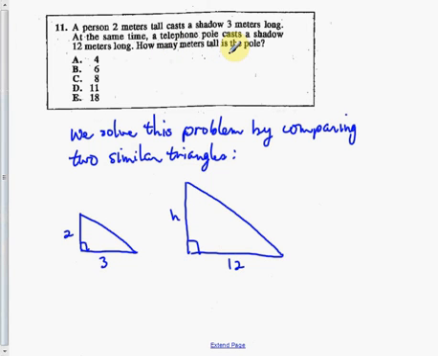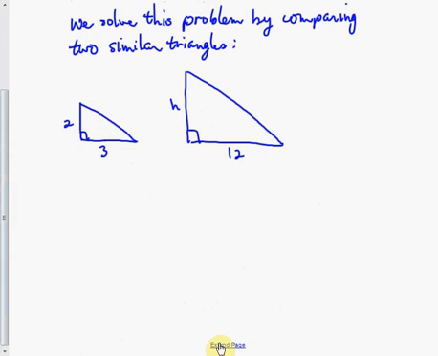Do you see that? Can you solve that now? By the ratio and proportion. You remember that? If you think about it, 2 over 3 is equal to H over 12. You see that proportion?